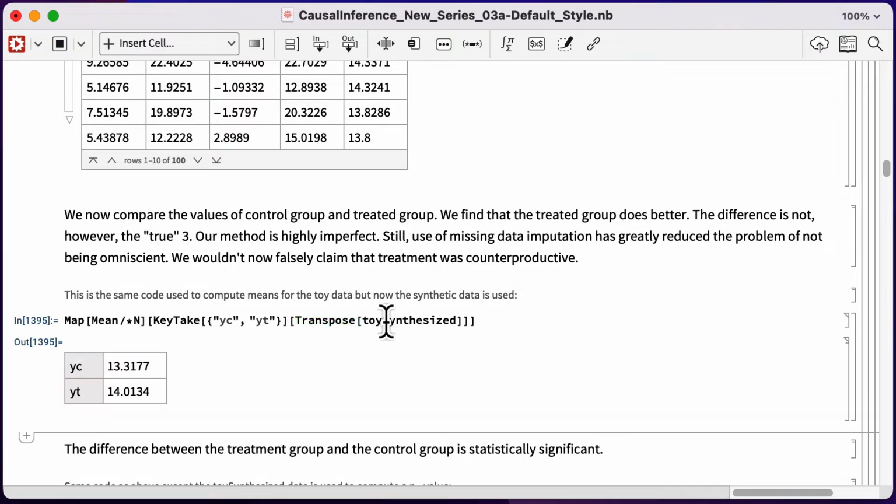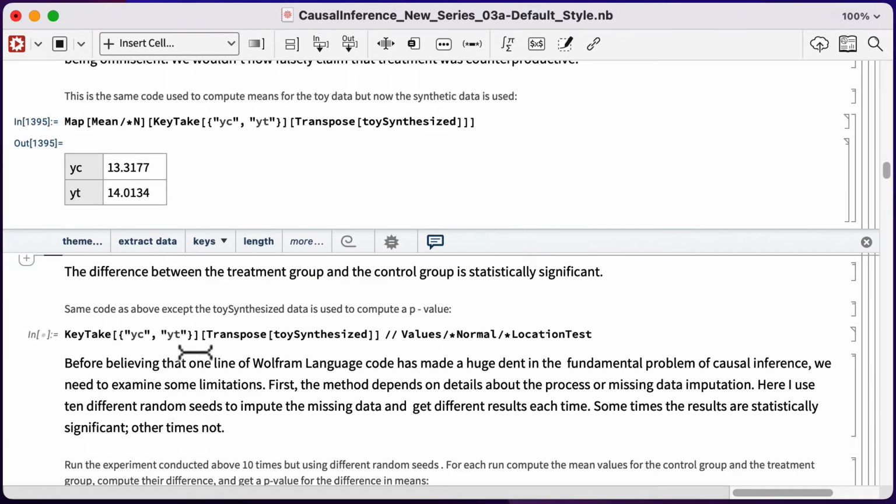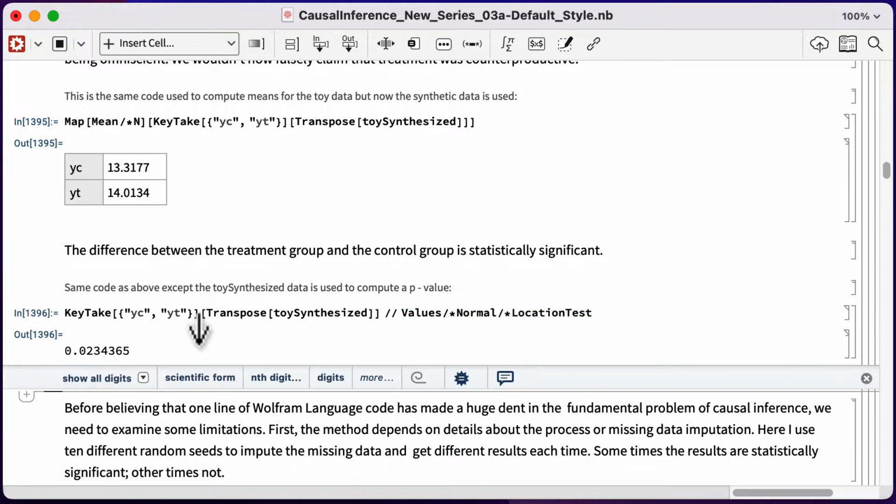And what we see is that we have actually kind of succeeded. Now it looks as if the treatment group is doing somewhat better than the control group. We haven't fully fixed it, because the difference originally was 3 and now it's just 0.7, but at least we've gotten things in the right direction, and if we look to see whether it's statistically significant, basically it is.